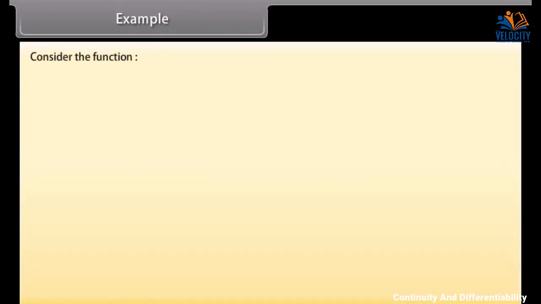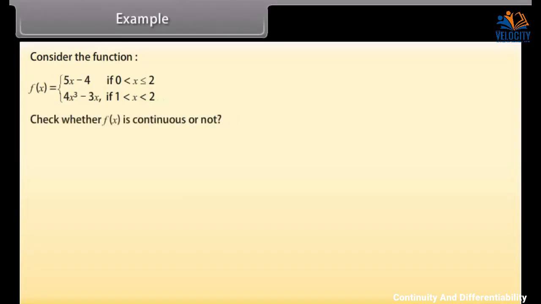Consider the function f of x equal to 5x minus 4 if 0 is less than x less than or equal to 1, equal to 4x cube minus 3x if 1 is less than x is less than 2. Check whether f of x is continuous or not.